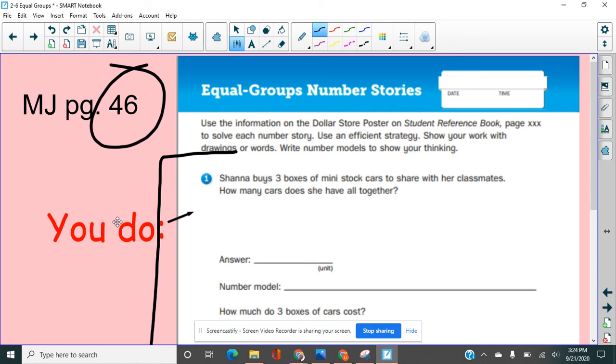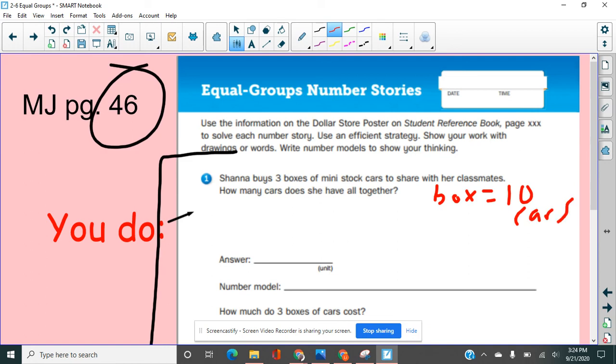All right, now, in this question, it says Shanna buys 3 boxes of mini stock cars to share with her classmates. How many cars does she have altogether? What you need to know that's on that page is a box equals 10 cars. So write that down here because you're going to need to use that piece of information.